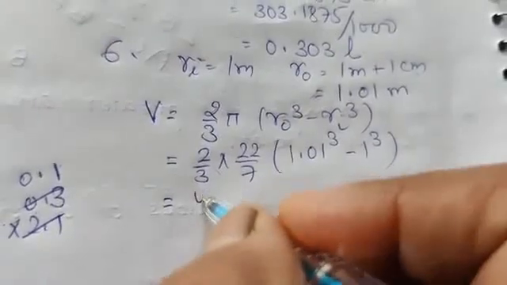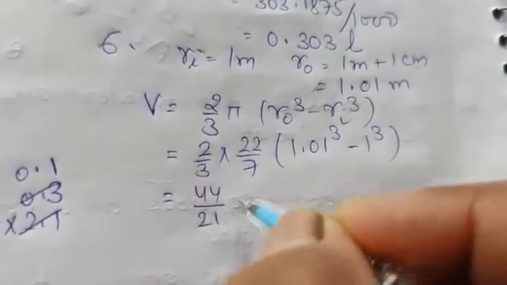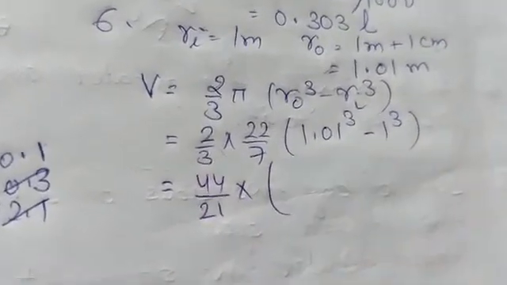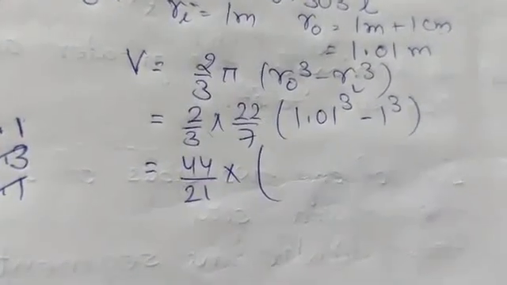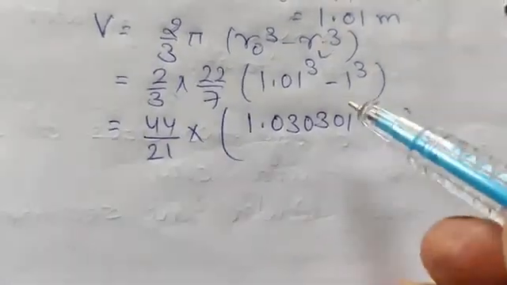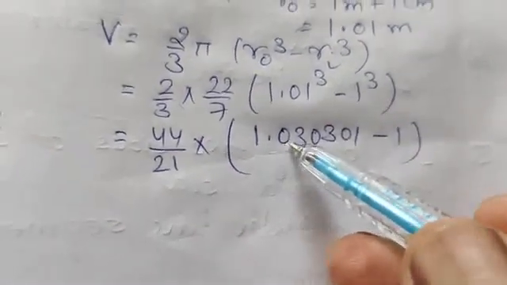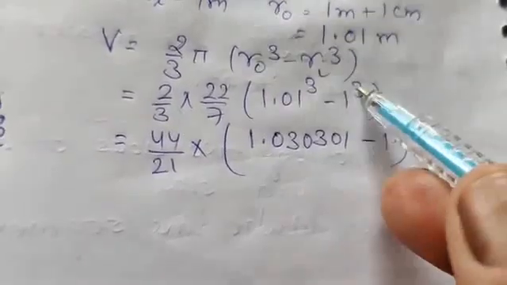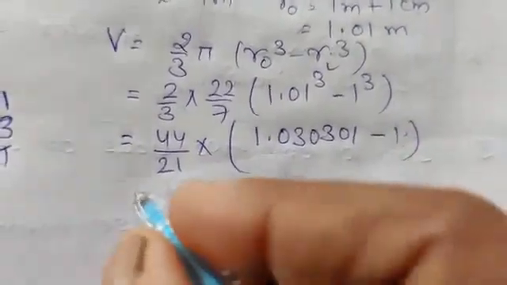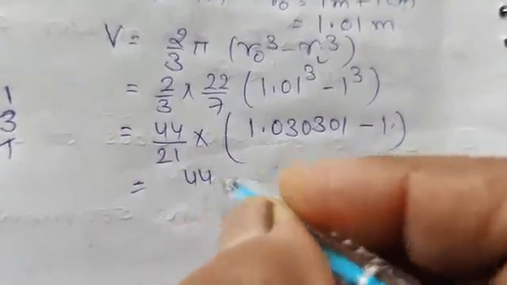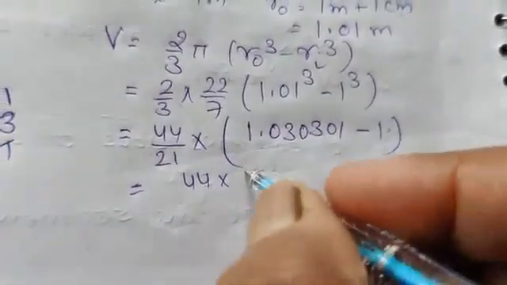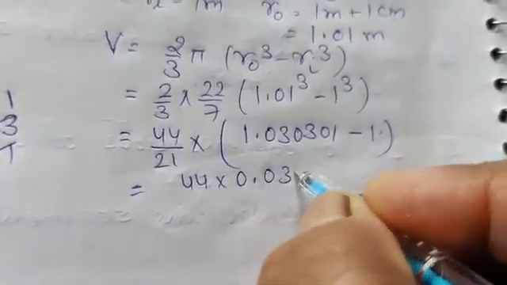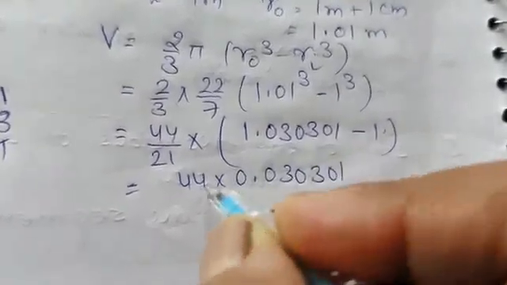Okay, 44 by 21 into 1.01 cube. The cube of 1.01 is 1.030301, minus 1 cube is 1. Now 44 into subtracting 1, we will get 0.030301 by 21.